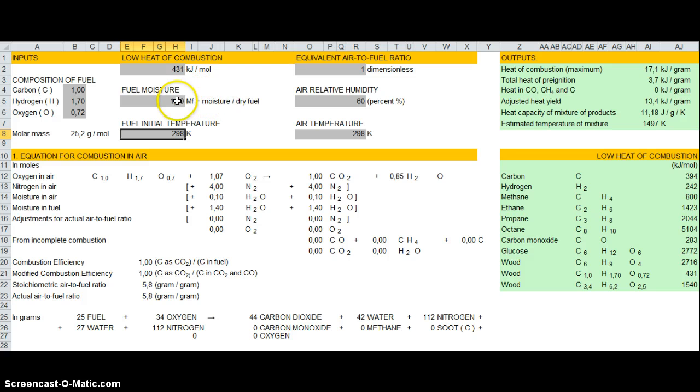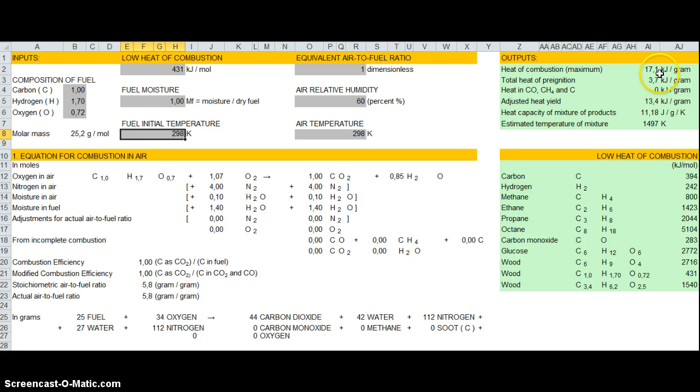In this case, when you look at what happened to the heat of combustion, the maximum value is still the same, but what you changed here was the total heat of pre-ignition, 3.7. It indicates that there is a good amount of energy that is required to ignite the wood.